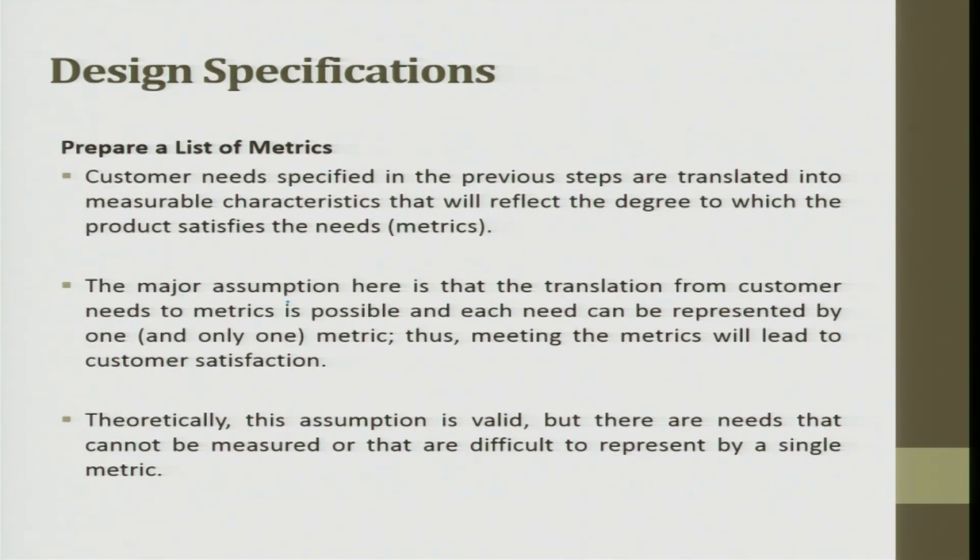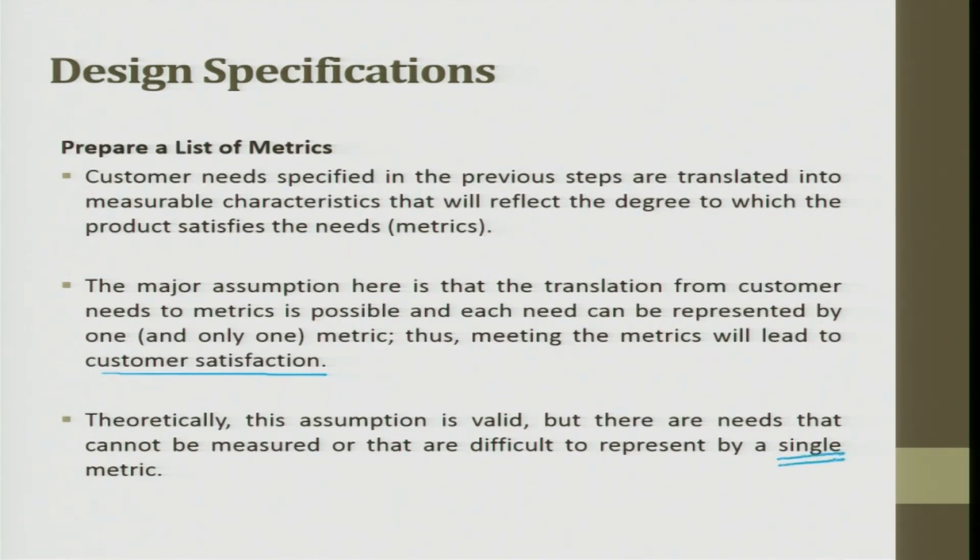The major assumption here is that the translation from customer need to metrics is possible and each need can be represented by one metric, thus meeting the metric will lead to customer satisfaction. Theoretically, this assumption is valid, but there are needs that cannot be measured or that are difficult to be represented by a single metric.